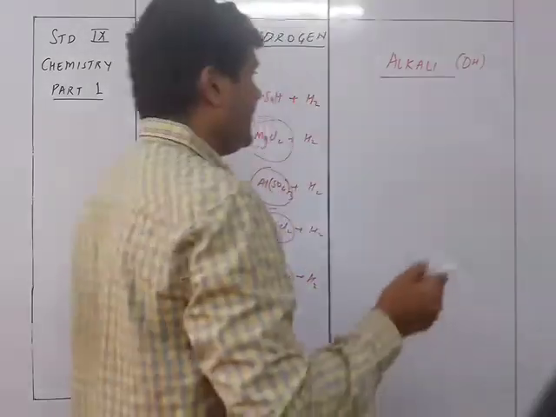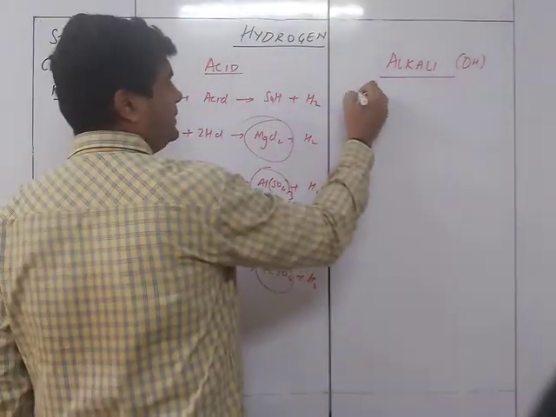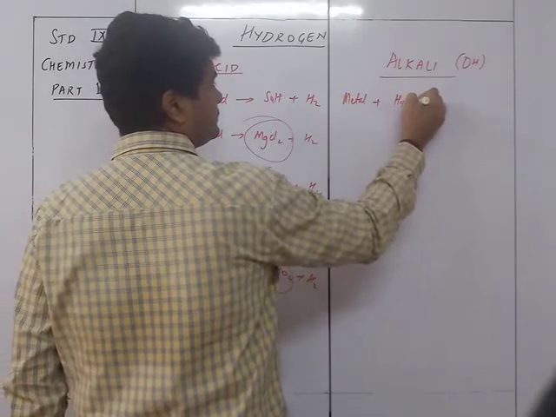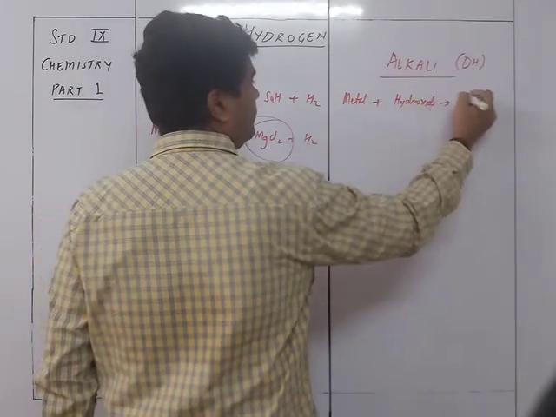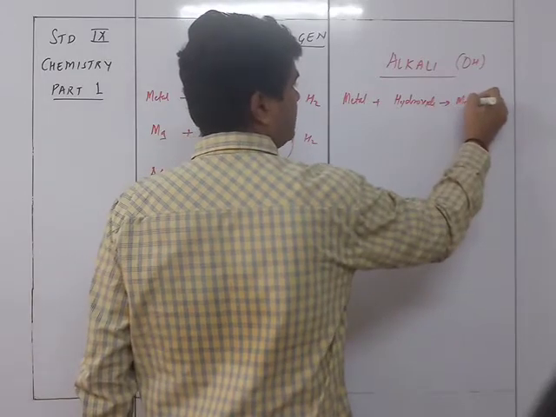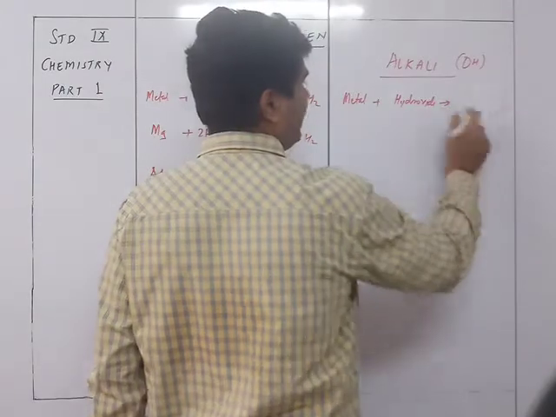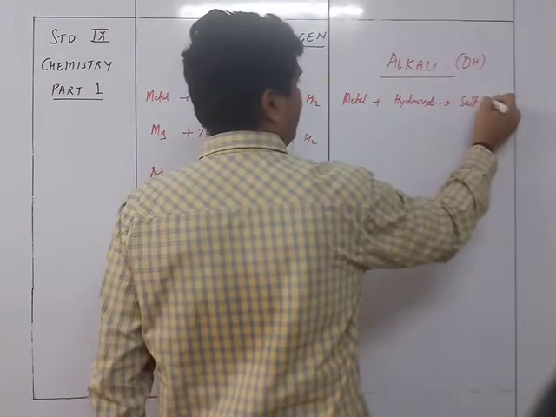So it will be metal plus hydroxide, which will give you a metallic oxide, a complex salt, plus hydrogen.